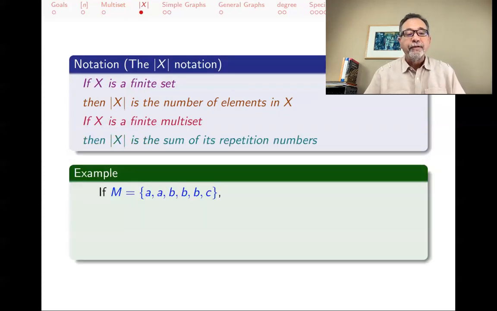So, for example, if I have the multiset M with 2 A's, 3 B's, and 1 C, then the size of M is 6. M has 6 elements in it. If A is the set {1, 4, 7}, then of course its size is 3.